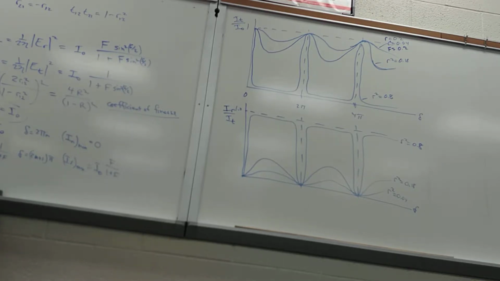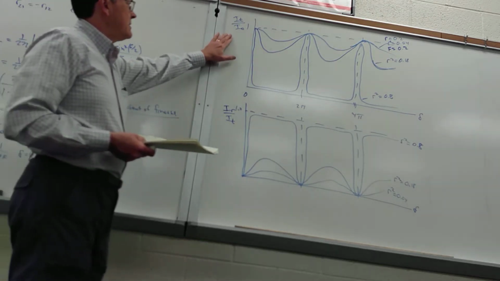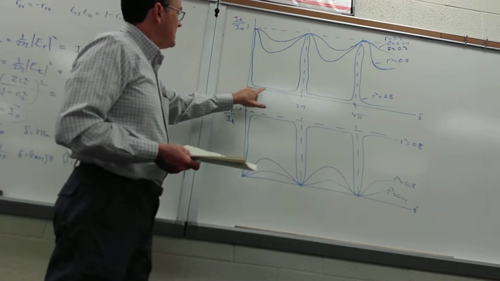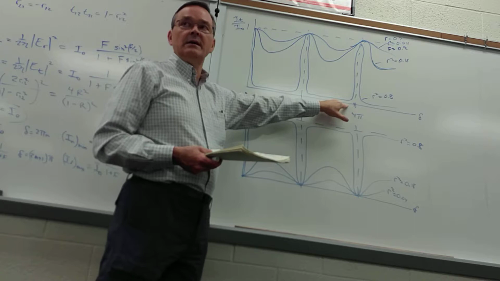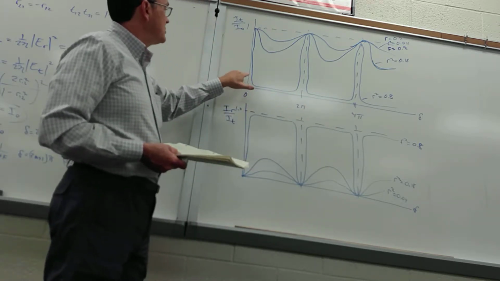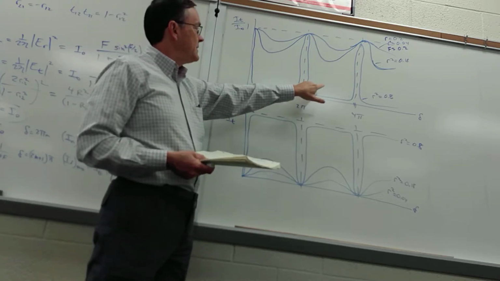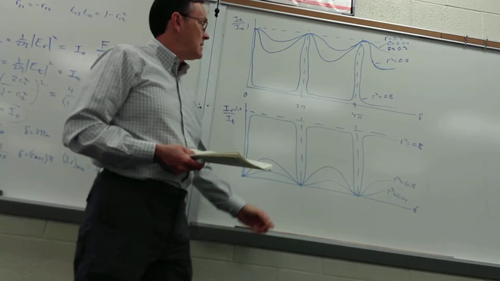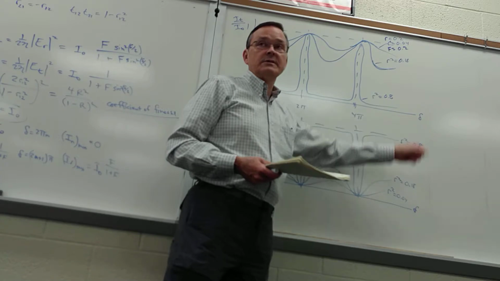It's still periodic in delta, but it's not sinusoidal. And if you look at the transmitted light, it becomes very peaky. So the transmission only happens in a very narrow range for relative phase shift.